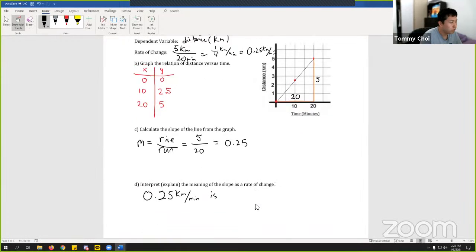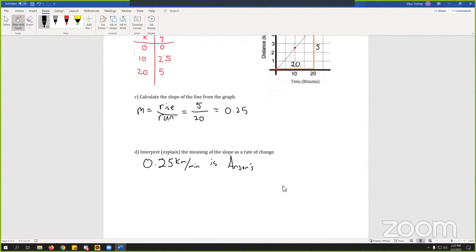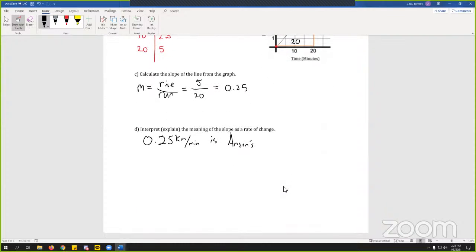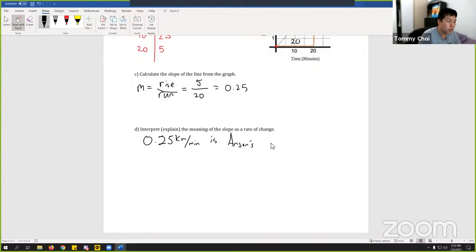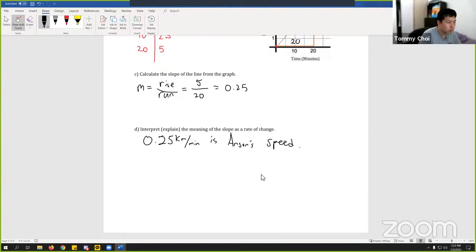It's a speed. Yeah, it would be his speed. Perfect. It's very simple. Kilometers per minute is Anson's speed.